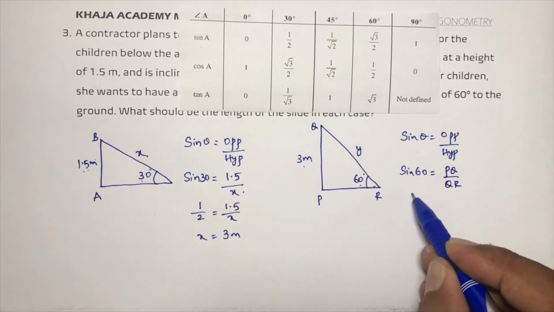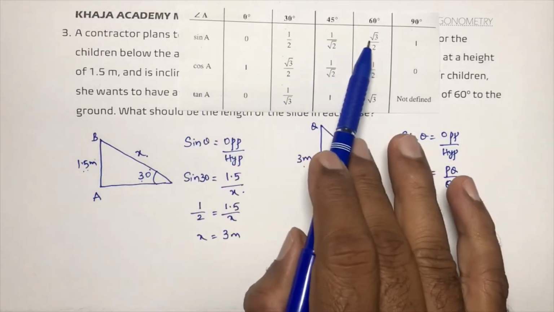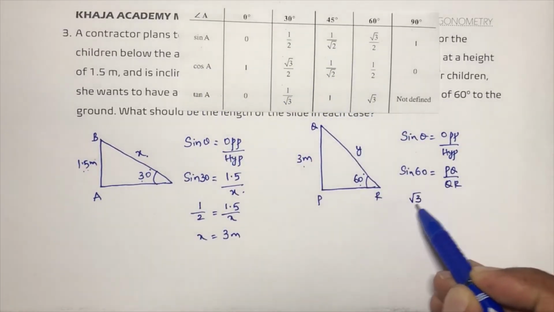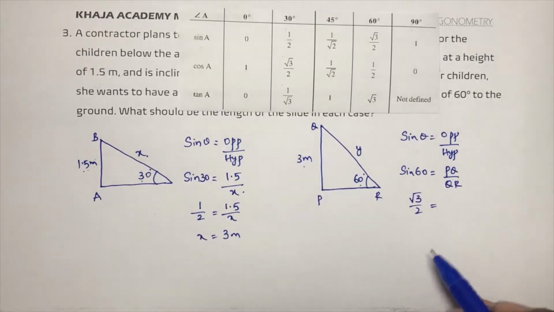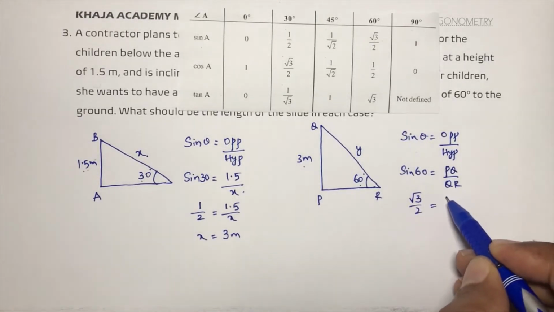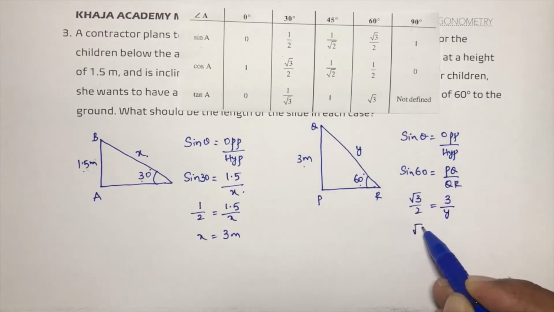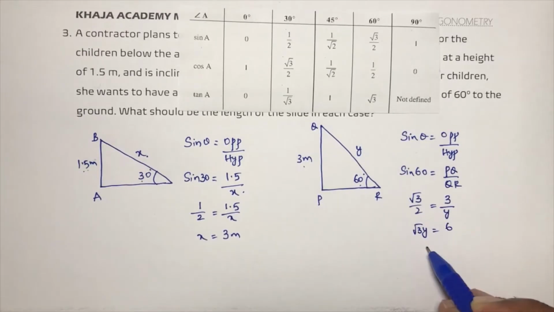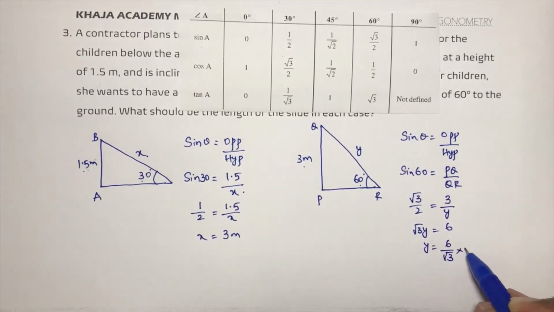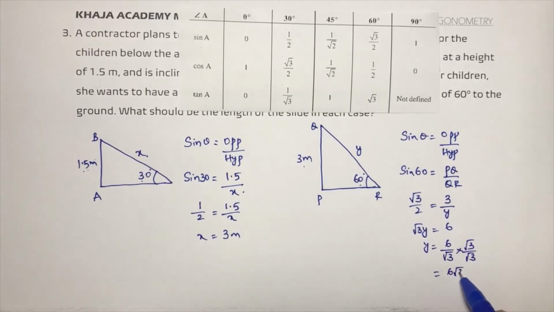Sine 60 value in the table is root 3 by 2, and PQ, which is 3 meters, by Y. If you cross multiply, root 3 Y equals 6, Y equals 6 by root 3. On rationalizing with root 3 by root 3, you'll get 6 root 3 by 3.